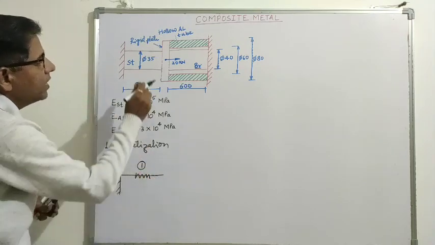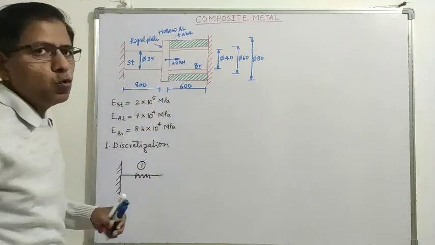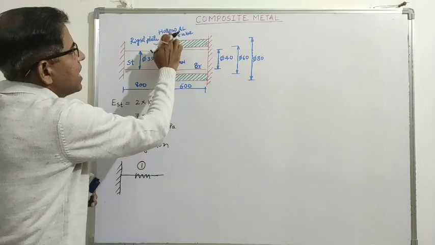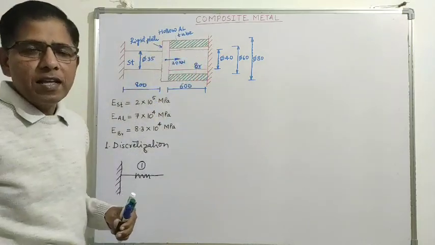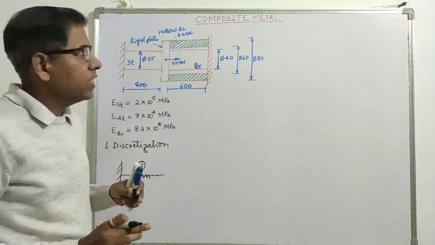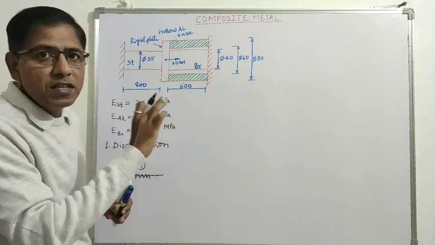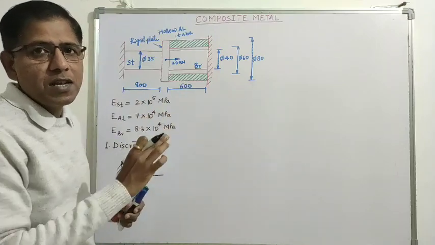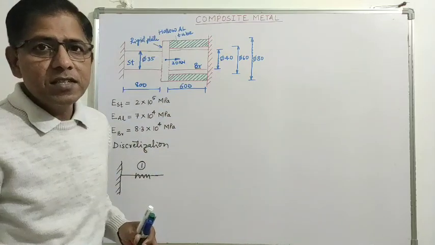Then there are two components, the aluminium tube and the brass bar. They are parallel to each other, not in series. Generally, we have seen a step shaft problem in which we arrange the elements in series.